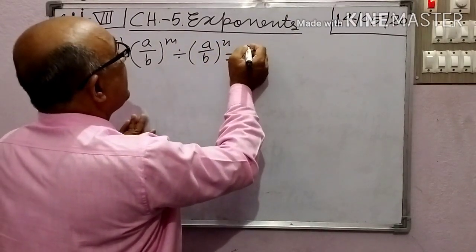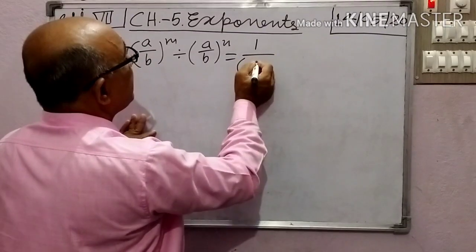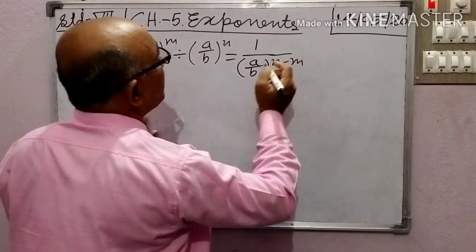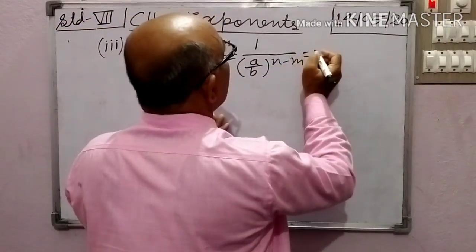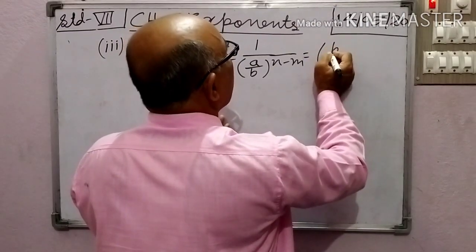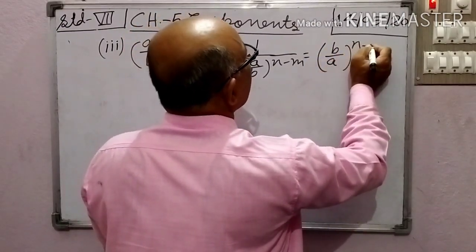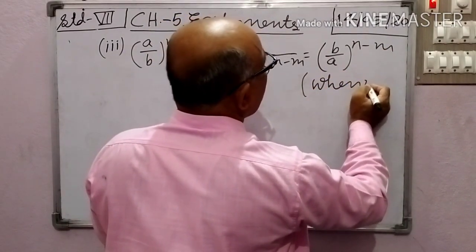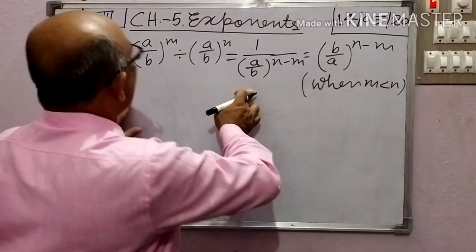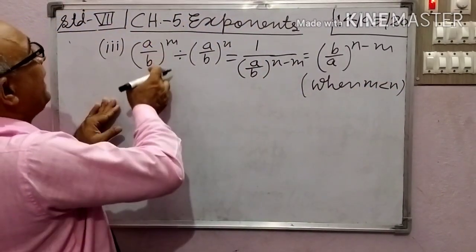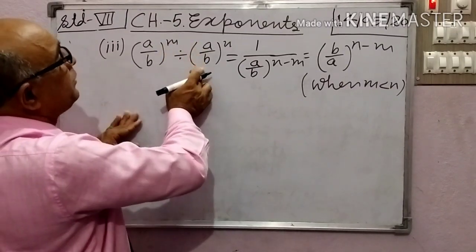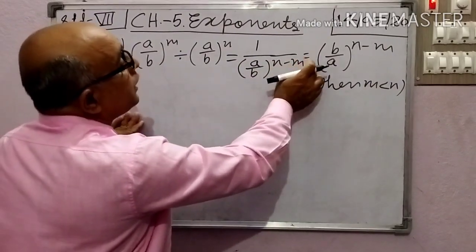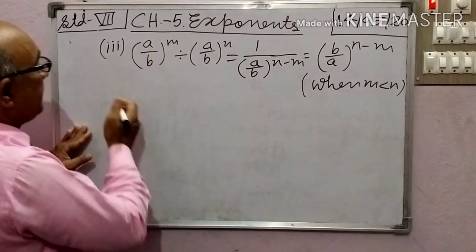So when m is less than n, (a/b) to the power m divided by (a/b) to the power n equals 1 by (a/b) to the power n minus m, equal to (b/a) to the power n minus m.